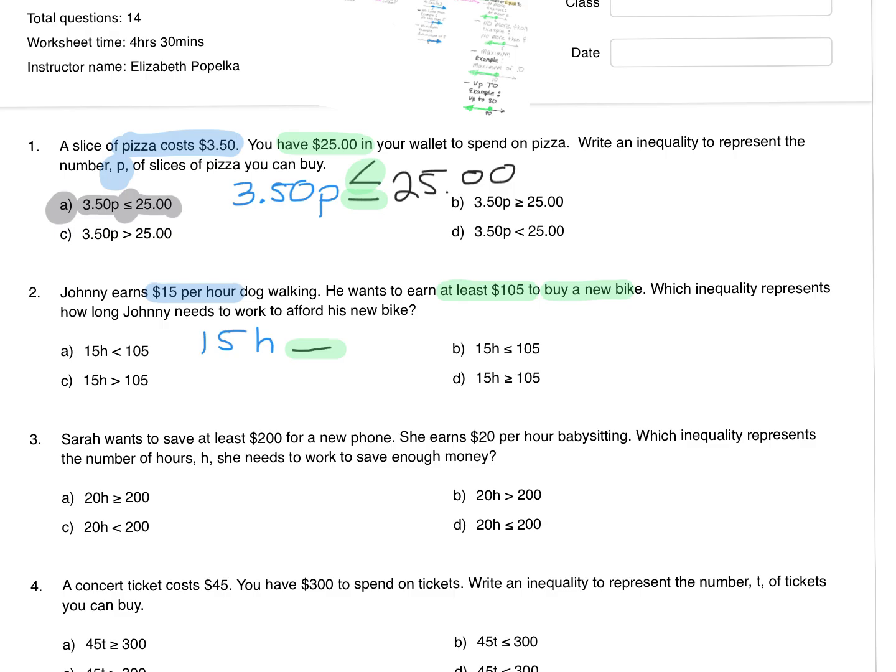Oh, oops, sorry, I forgot to write the 105 right there. But he's not going to be angry if he makes an amount that is greater than $105. So this inequality is 15 times the number of hours needs to be greater than or equal to 105.